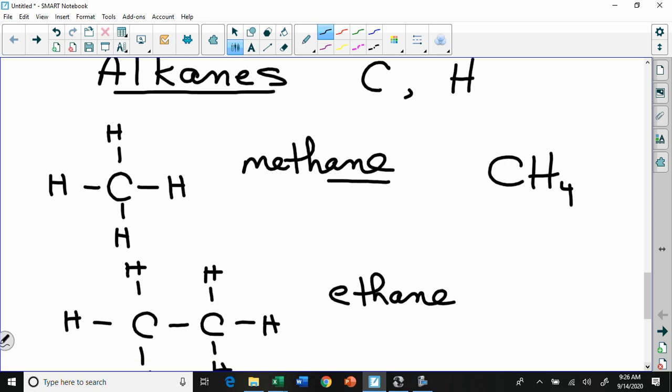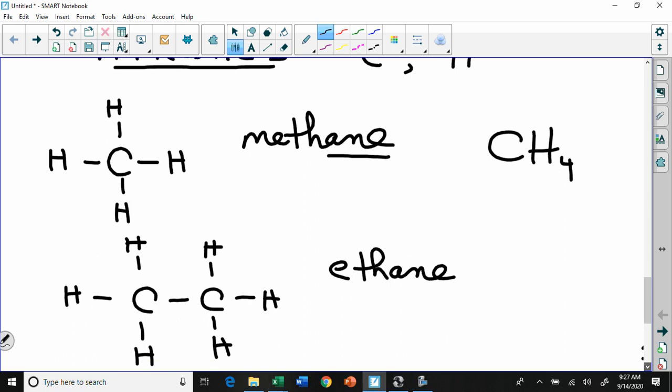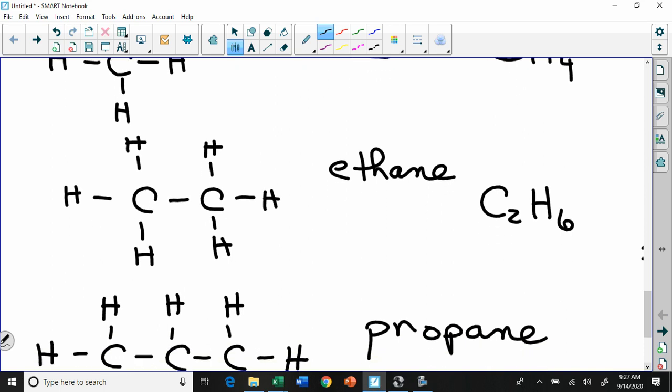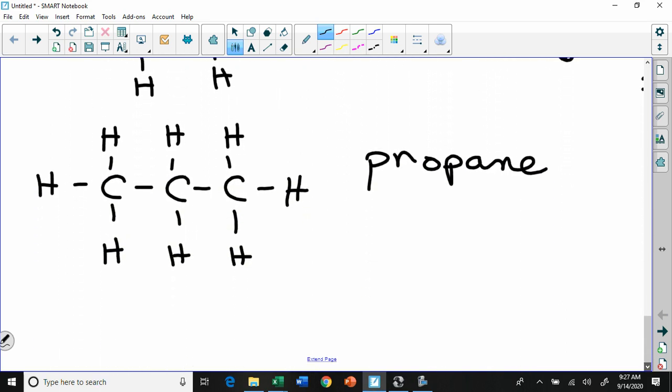Ethane can also be written as, well, there are 2 C's, so C2, H, and if you count them, there would be 6, right? C2H6. And then if you go down one more, you can write the next one, propane, as C3H, I believe, 8. Propane.